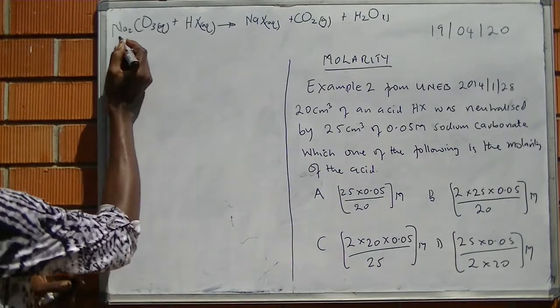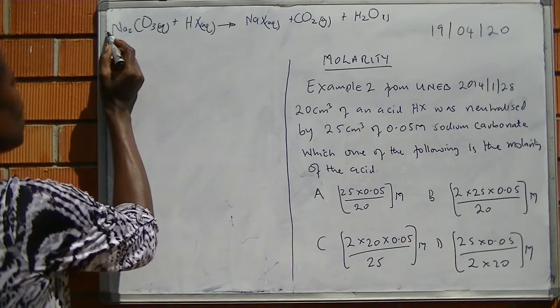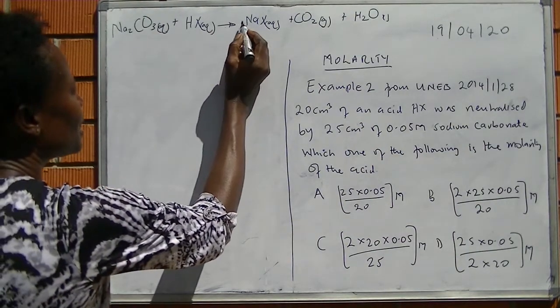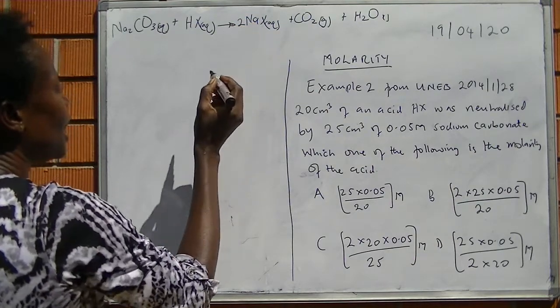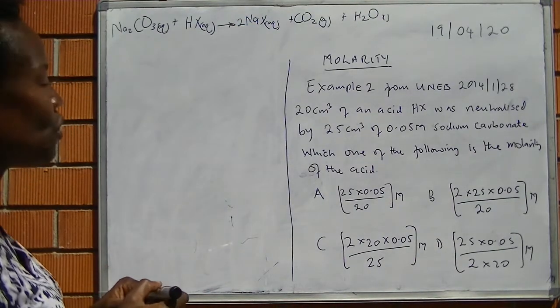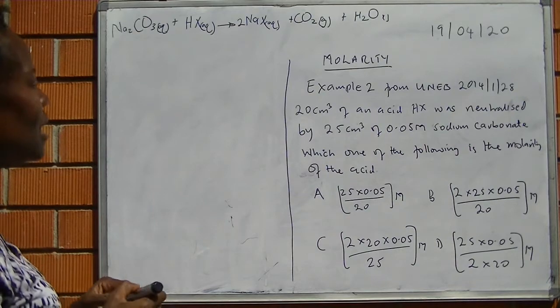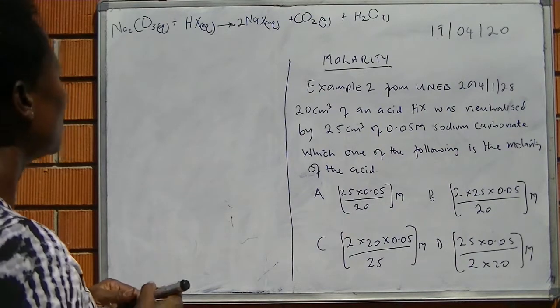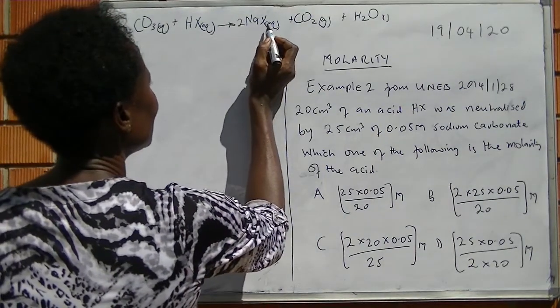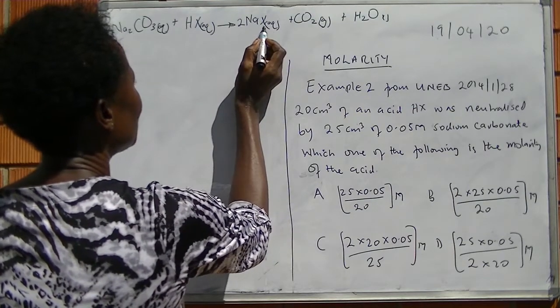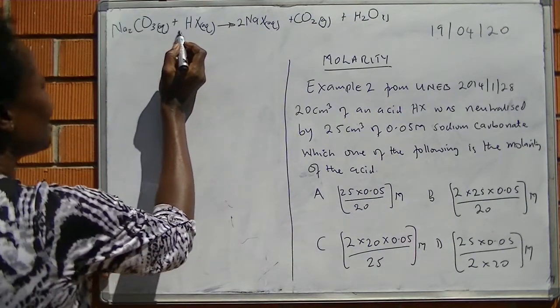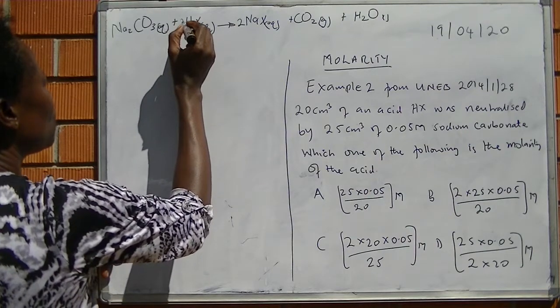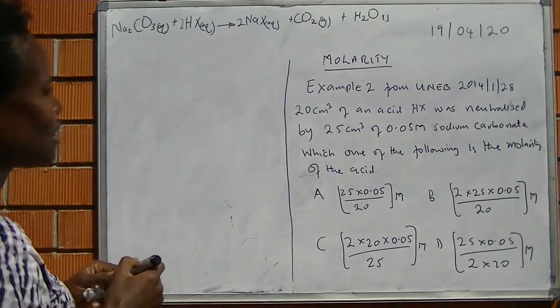Sodium, this side we have 2 sodiums, which is 2 times 1. Here we have 1 times 1, so we introduce 2. Remember in the previous lessons, I told you whatever you are introducing, put it in front of the molecule. So this has changed our X as 2 times X, come on this reactant, and also introduce a 2 in front of the acid.